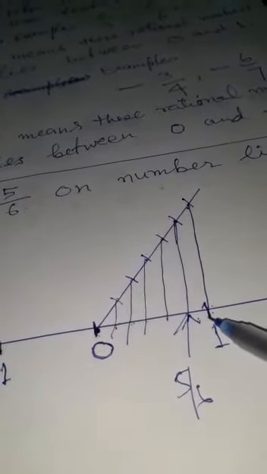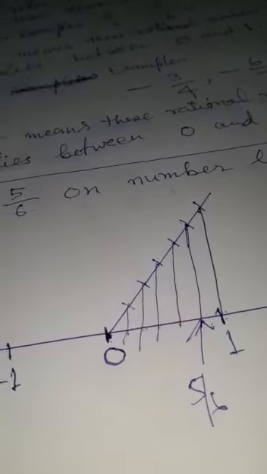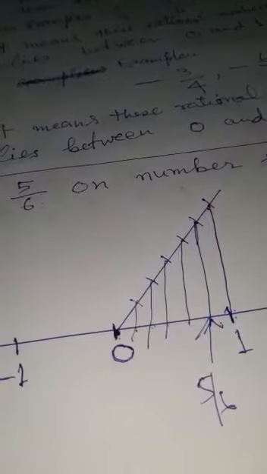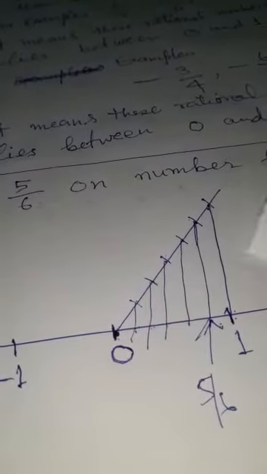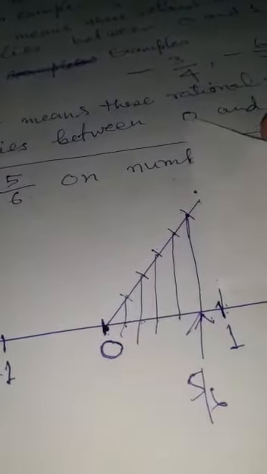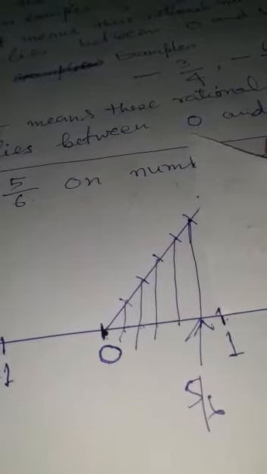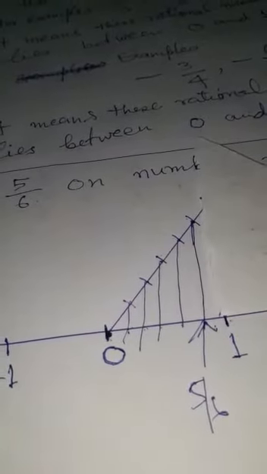With the help of a set square, put the set square on this line and put a scale at the surface of this set square.